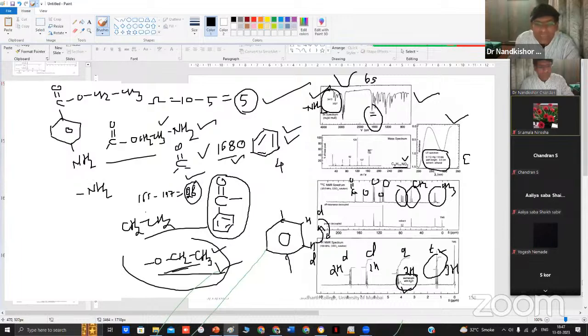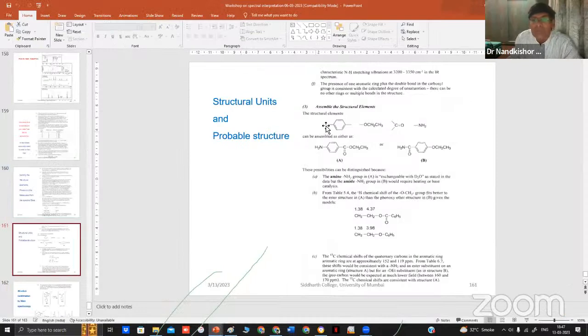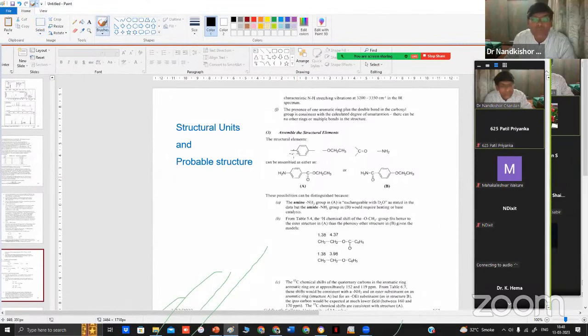So we already discussed this structure. Let me just show you how we did it. So these are the structural units we calculated in the last lecture. I will show you here in a proper sense. These are the structural units: para-substituted, ethoxy group, carbonyl group, NH2 group.